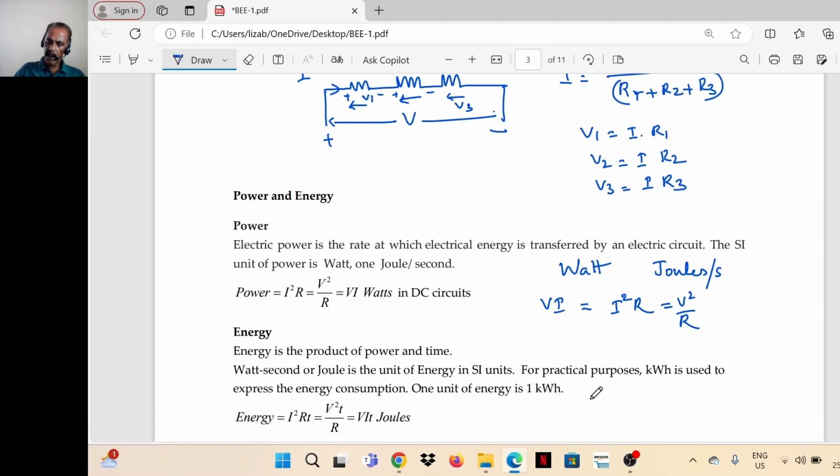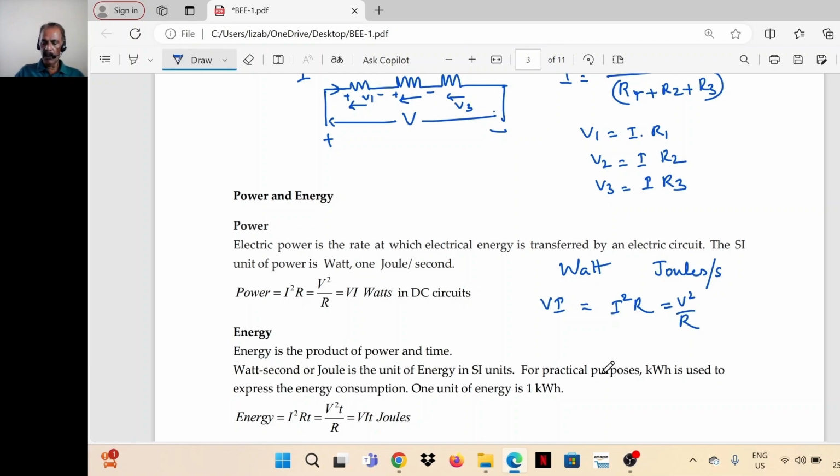But the practical unit of energy is kilowatt hour. Kilowatt hour is also commercially known as unit. So 1 kilowatt hour is known as 1 unit. For our domestic energy meter, say the power consumption in a particular month is 100 units or 200 units. What is meant by unit?